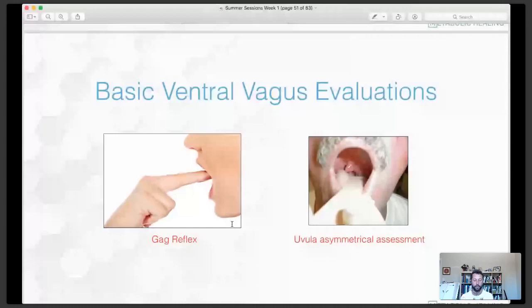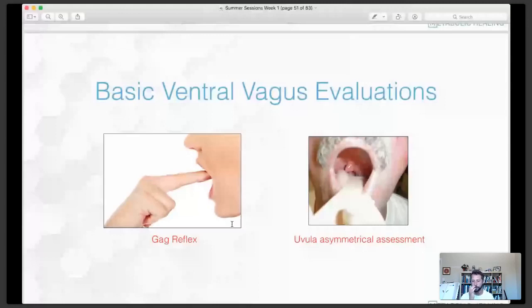It's more probable. Then the uvula asymmetry assessment. The exercise is basically this: you have the client open their mouth and say ah, and the uvula should move up and down in a symmetrical line. If it's asymmetrical, if it's moving to one side, that's either a 9th or 10th cranial nerve problem.